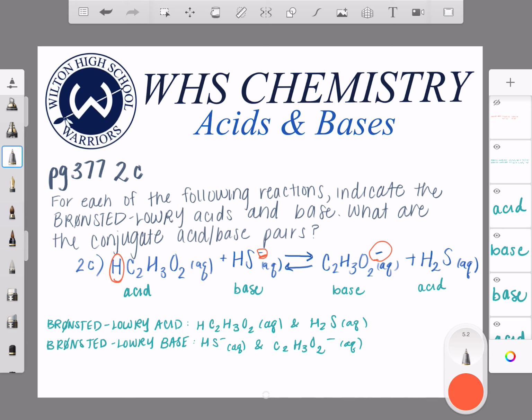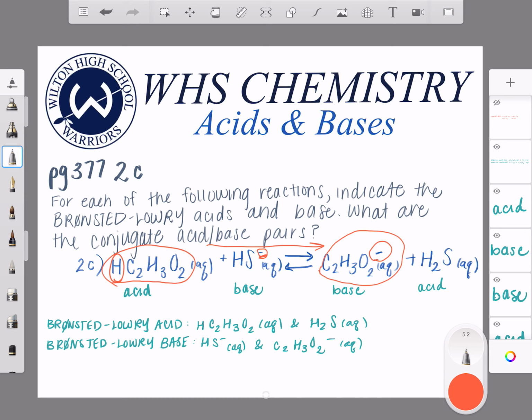So looking at this reaction, we have this substance here, and then when the reaction goes to the right, we see it appear again over here, but without its hydrogen because it just donated the hydrogen.